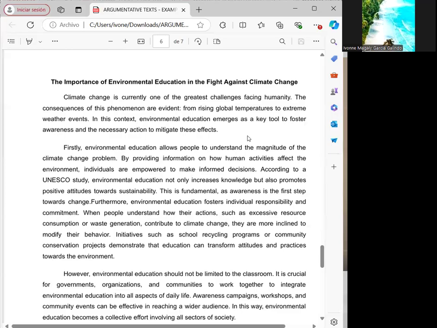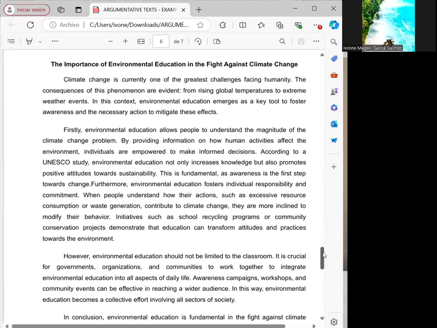So let's say the main argument for the test will be something like, okay, education is essential in combating climate change and the consequences of human activities.